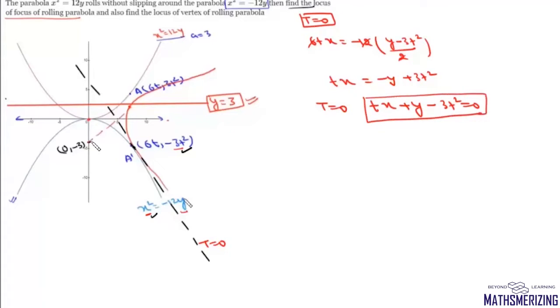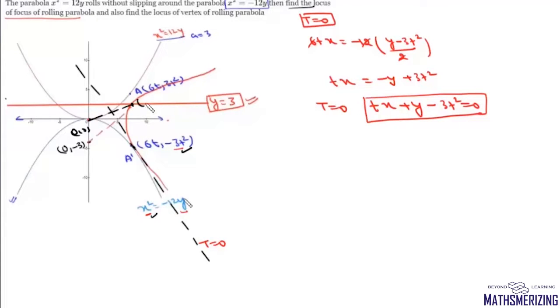Now we need to take reflection of vertex for this fixed parabola, and that is (0, 0), about this line, and it will give us the locus of vertex of rolling parabola.